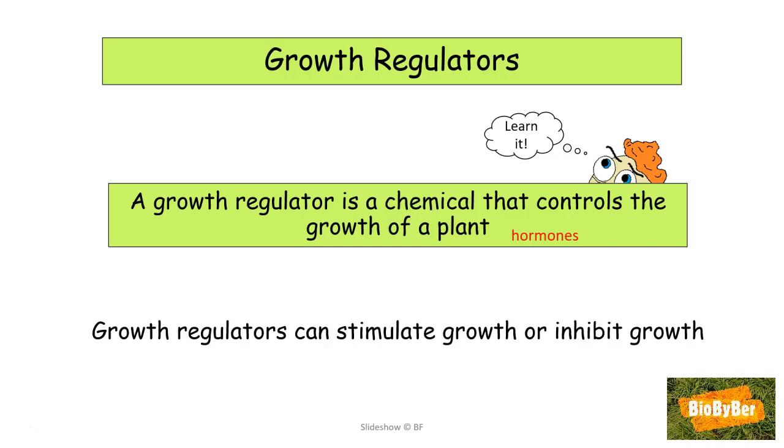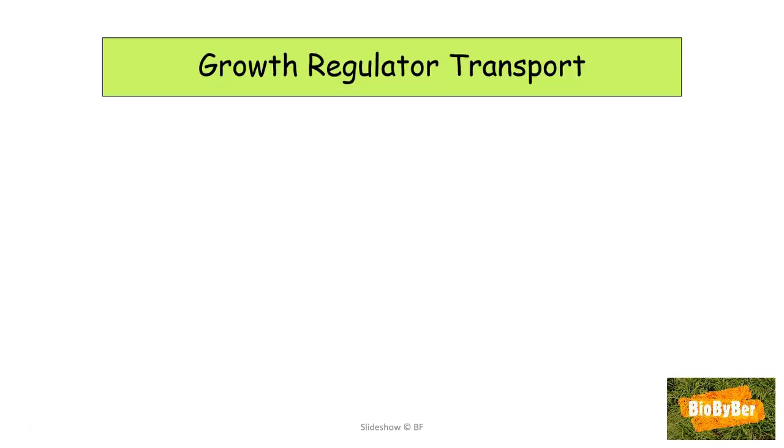Growth regulators can stimulate the growth of a plant or inhibit growth. If they stimulate growth, they're also known as growth promoters, or they promote cell elongation. Or they can be called growth inhibitors.